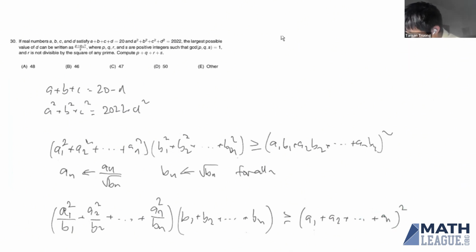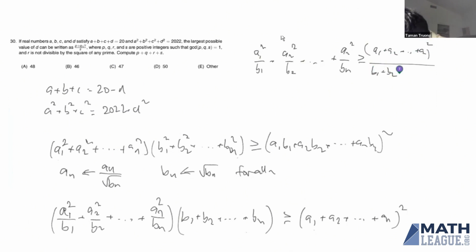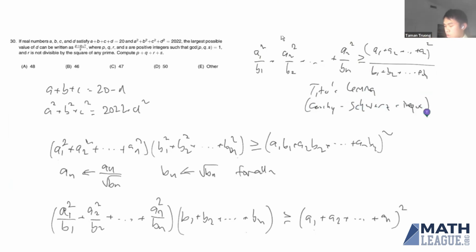And if we divide, we get A1 squared over B1 plus A2 squared over B2, all the way to An squared over Bn, is greater than or equal to A1 plus A2 plus An, squared, over B1 plus B2 plus Bn. This is actually known as Titu's lemma. It is basically a special form of the Cauchy-Schwarz inequality from this substitution here.